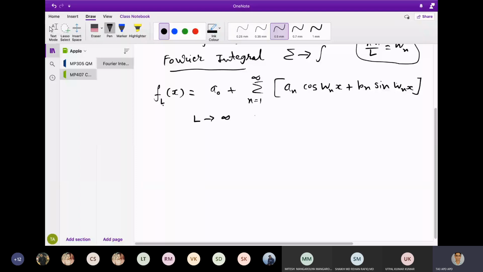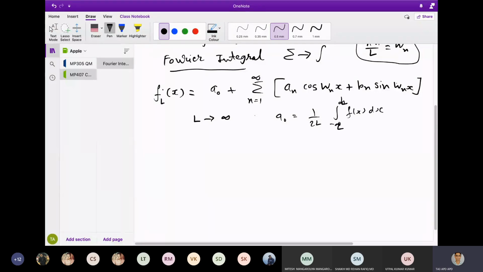Because we have a different function defined in terms of x, we will write down the coefficients by a different integral parameter. Generally, if you write down the expression for a naught, it is simply 1 upon 2L integral from minus L to plus L f(x) dx.